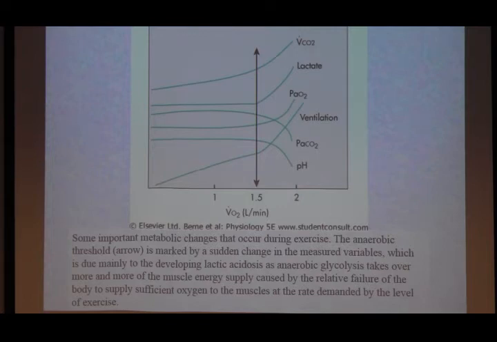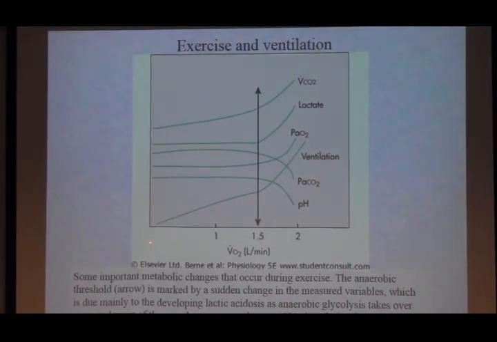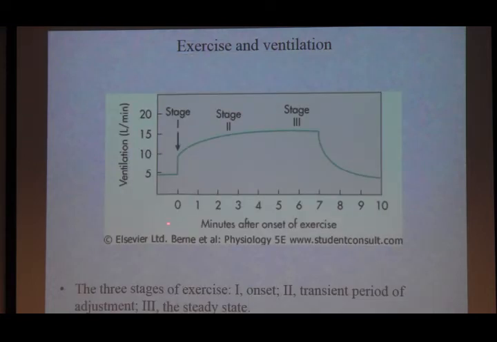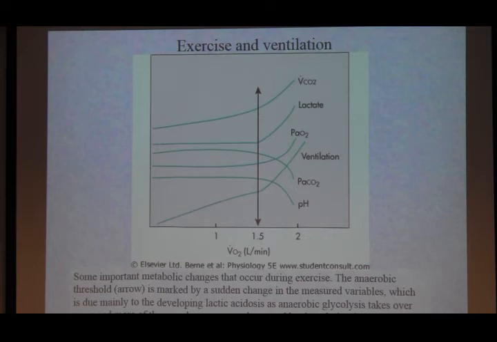So in this figure over here, you have oxygen consumption on the x-axis, and oxygen consumption is a measure of workload, because again, oxygen consumption goes up as workload goes up. And then we're looking at what happens to a variety of physiological variables in response to this workload.